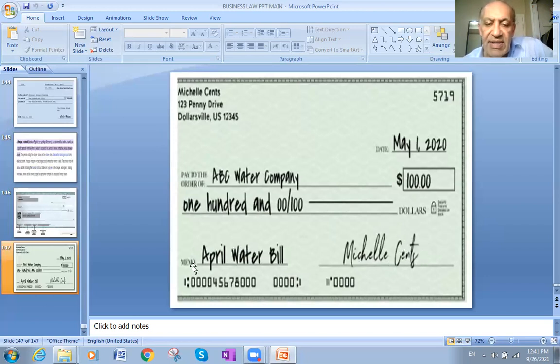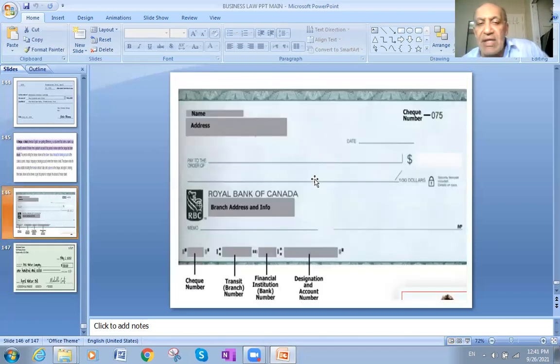At the same time, this is a memo for him, just to remind him what this check was for. So he will remember that he already paid the water bill of April. And there is a date for the check. He must wait until this date to go to the bank and cash it. This is the system.